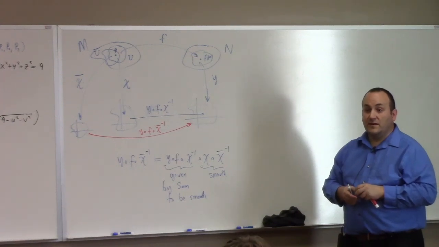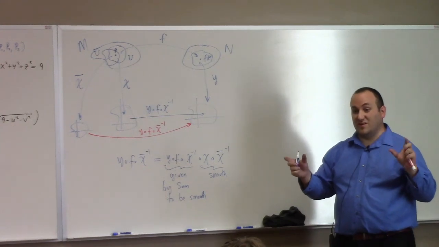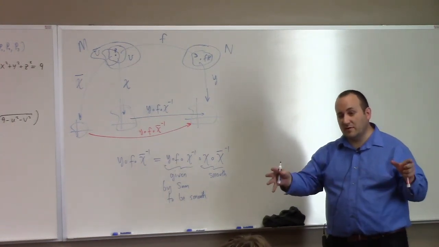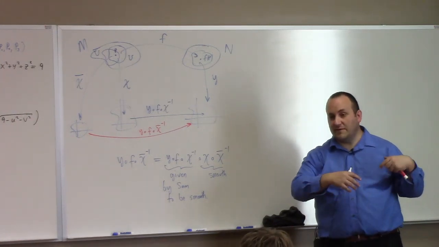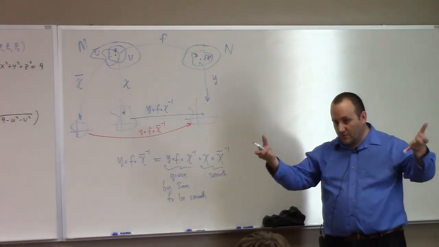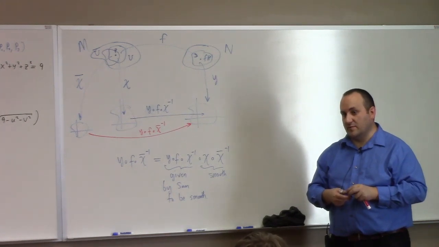For example, if you can show a mapping from R2 to R3 is smooth with respect to the Cartesian coordinate systems, it then follows that any local coordinate representative of that with respect to polar coordinates, or cylindrical coordinates or whatever, is also going to be smooth by this observation.